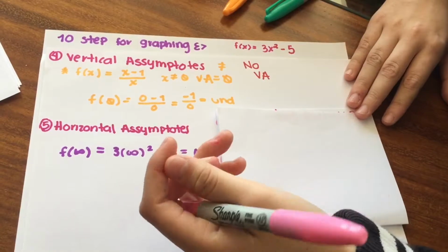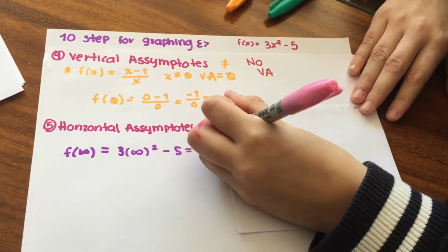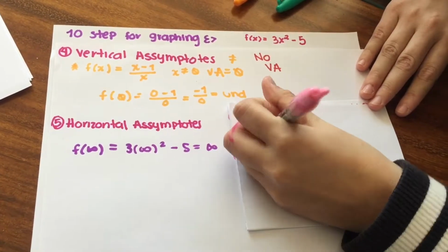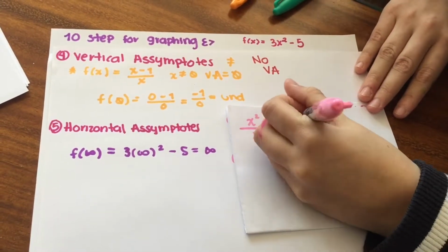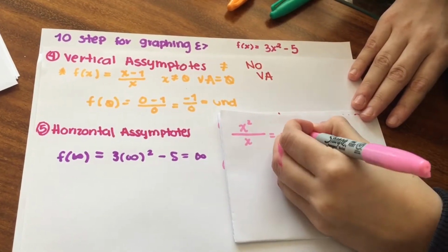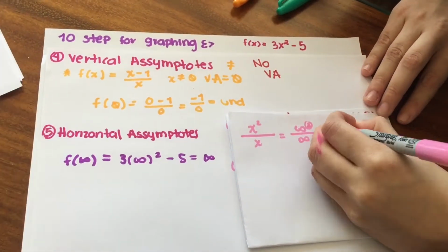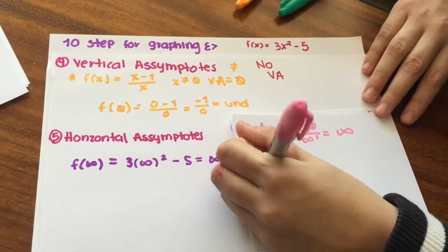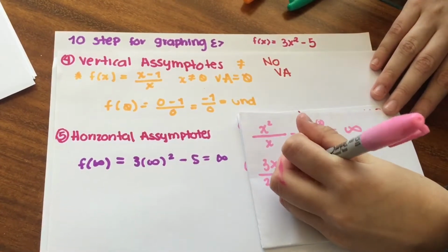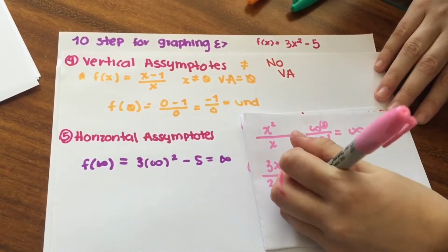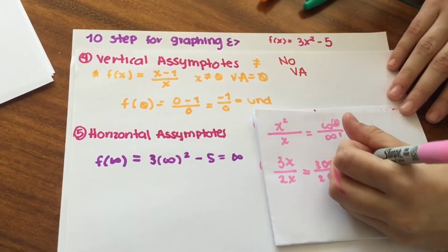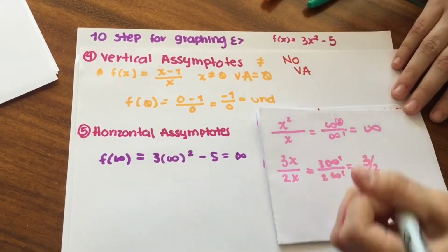For this limit, we have different cases. I will show you three, okay? X squared over x must look like infinity squared over infinity. So this 2 is bigger than this 1, so the answer is infinity. When you got 3x over 2x, then you got 3 infinity over 2 infinity. So the answer must be 3 over 2, because this is 1 and this is 1, they are the same.